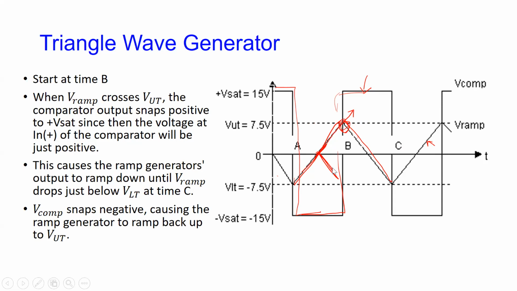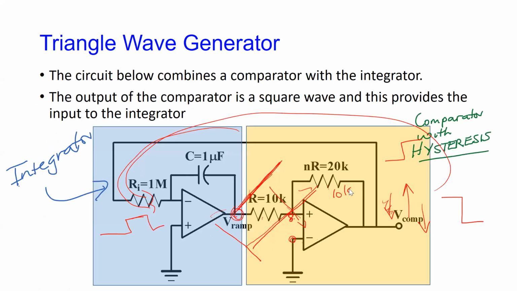All I said was to forget this for the time being. In fact, it's an inverting thing here. So whatever the output is, if VRAMP is coming in here, and we make this equal, at this point I have approximately 0.